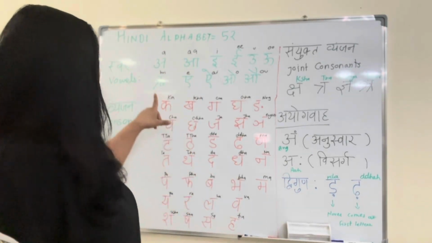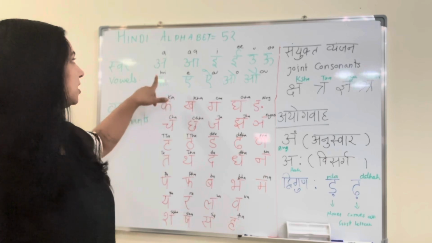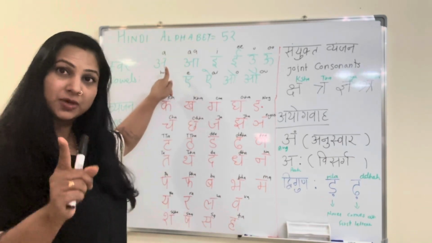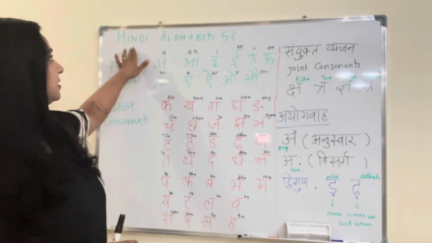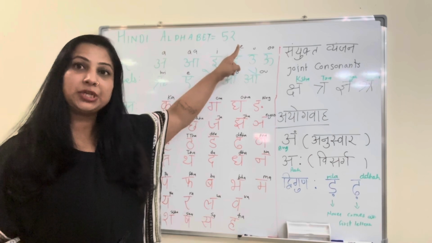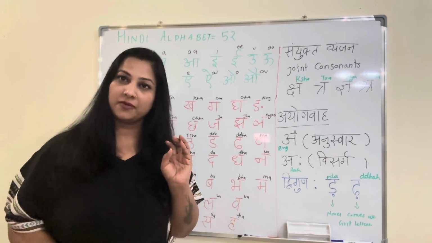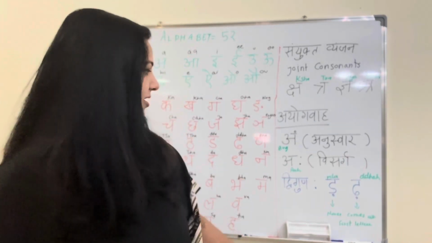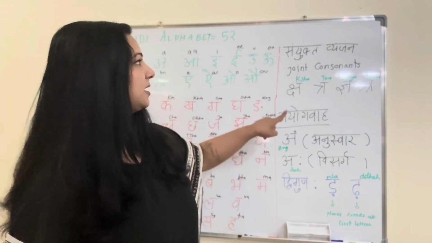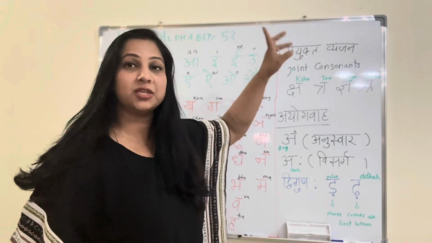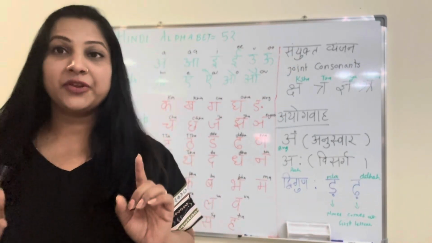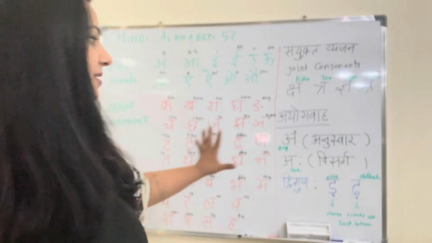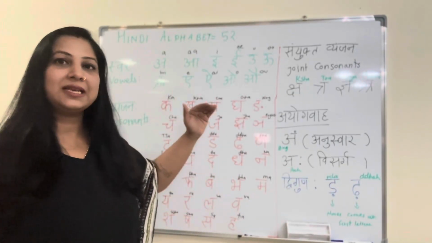Okay, so today we talk about the swar, total 11. Before that, we have a total of 52 alphabets along with swar, vyanjan, digud shabd, ayogva, and sanyukt vyanjan. So we have a total of 52 alphabets. Now let's see the division, how we keep them separate.